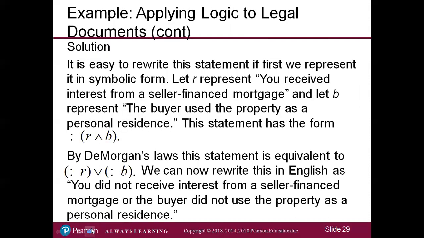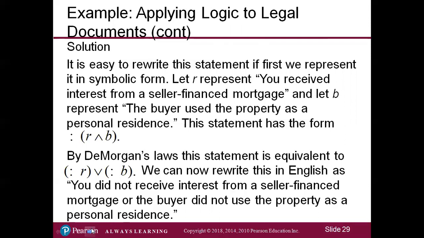It is easy to write the statement if first we represent it in symbolic form. Let R represent you received interest from a seller finance mortgage, and let B represent the buyer used the property as personal residence. This statement has the following form: not the quantity R and B.